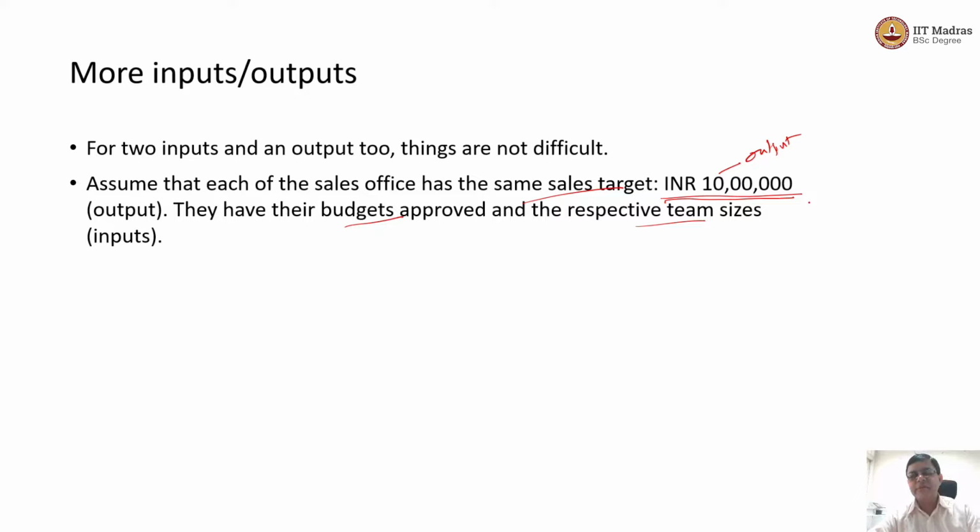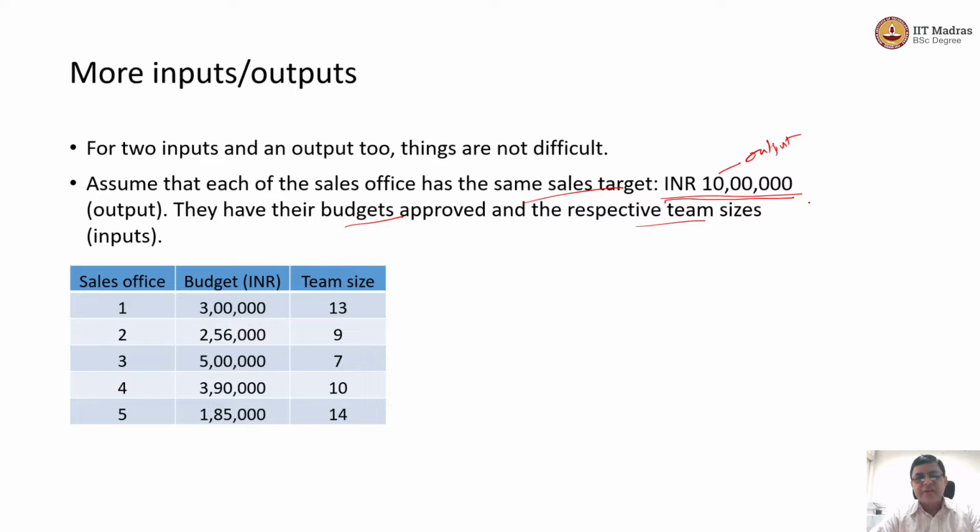Output is 10 lakhs. Every sales office has to meet this sales target. If you do more, that's okay, but you have to hit this magic number of 10 lakhs. So we are not even going to plot output, because output is the same for all the sales offices. We are only going to plot the inputs, budget and team sizes.